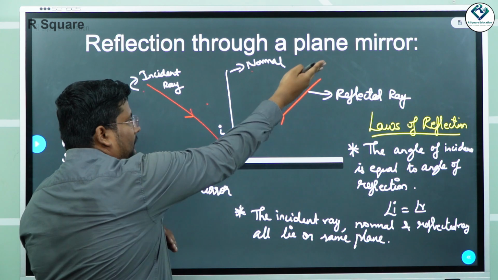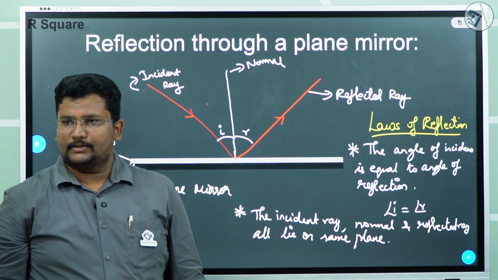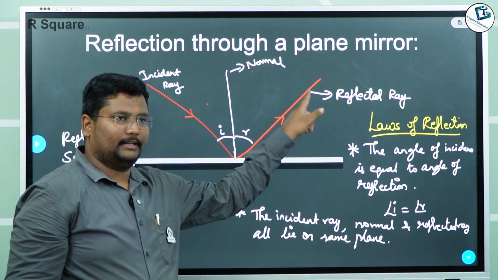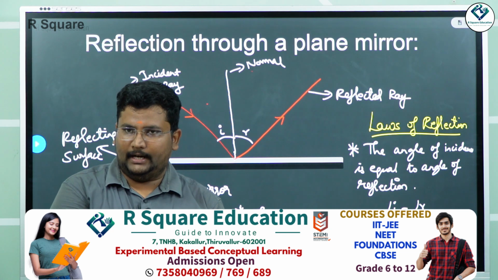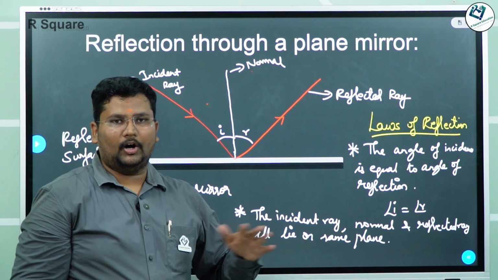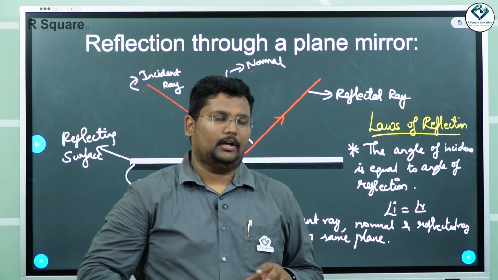Incident ray, normal, reflected ray, all lie on the same plane. So these are the two laws of reflection. Number one, the angle of incidence is equal to the angle of reflection, which we proved. And the incident ray, the normal, and the reflected ray all lie on the same plane. So this is nothing but the laws of reflection.